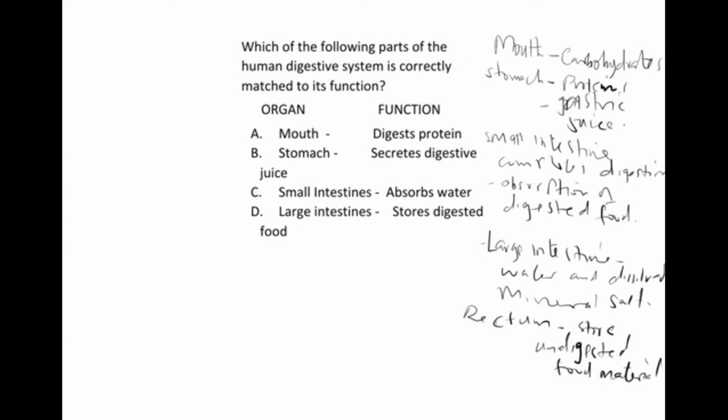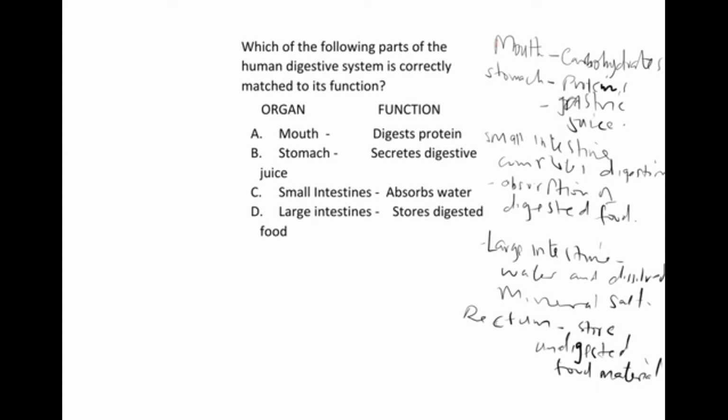So we need the one that is correctly matched. We have A, the mouth digests protein. From our explanation, we have seen that proteins are digested in the stomach with the help of gastric juice that is produced in the walls of the stomach.